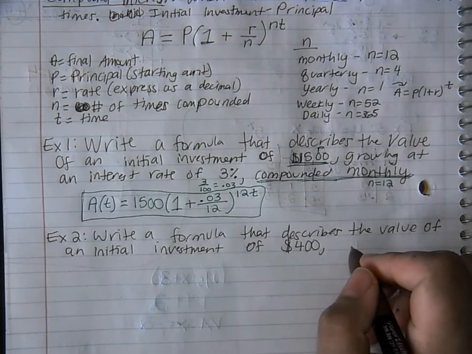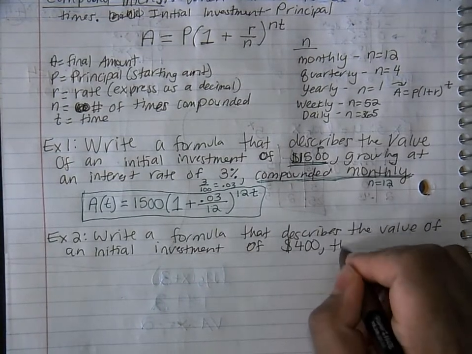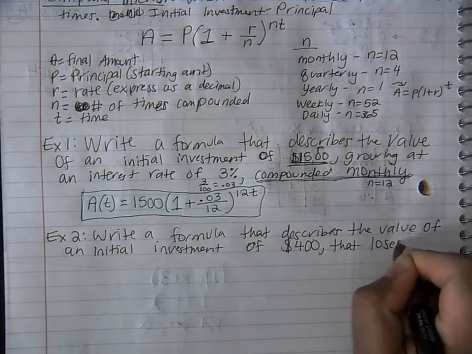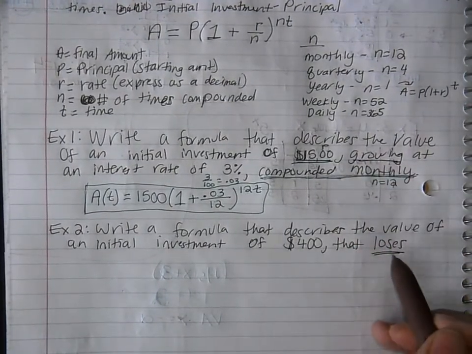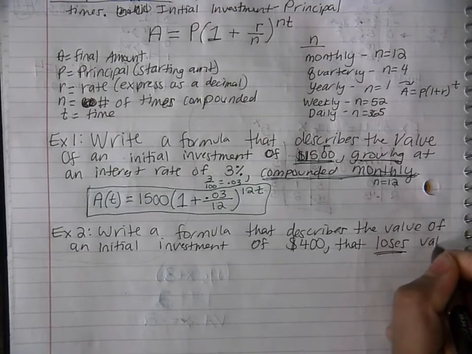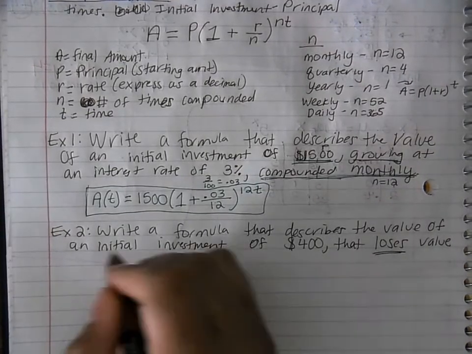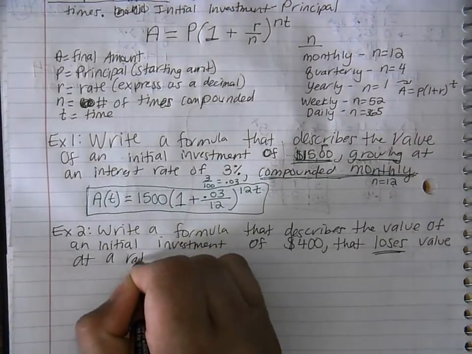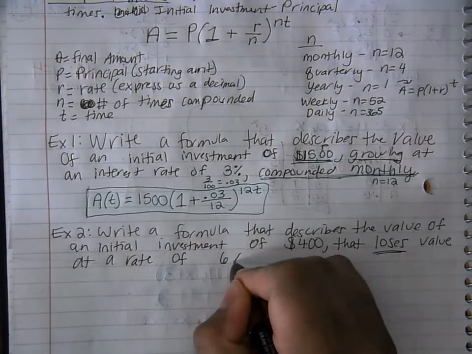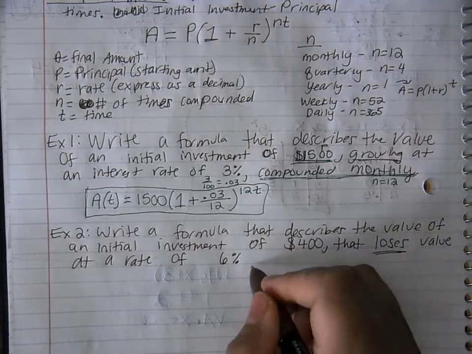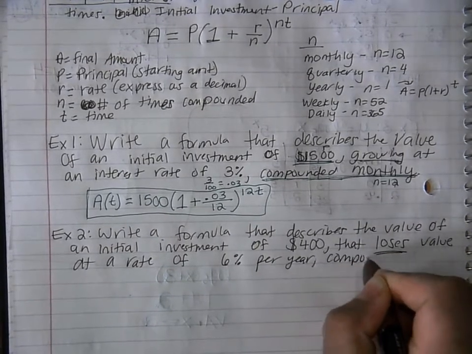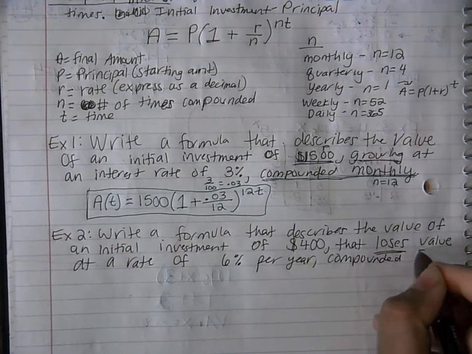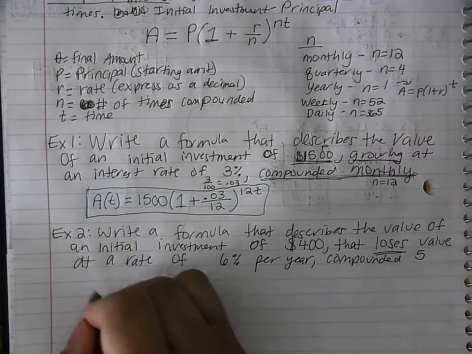But this time it's going to say that loses, so read it carefully again. This one was growing. This is losing, loses value at a rate of 6% per year compounded 5 times per year.